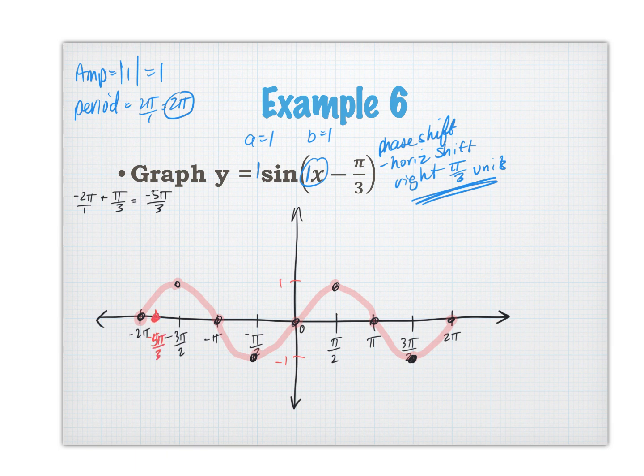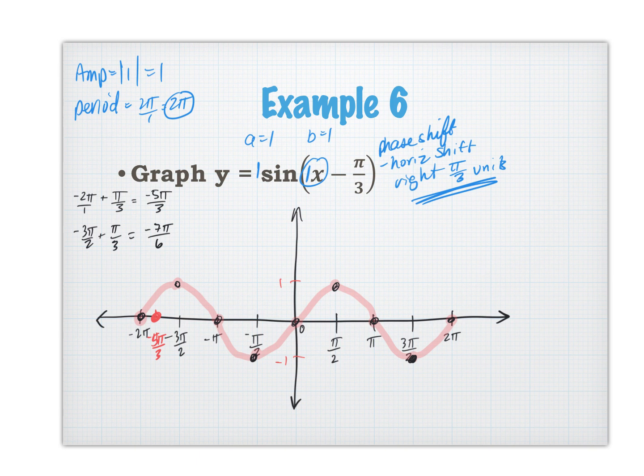So that's where this point is now going to be. And then I know I have my next one. I've got negative 3 pi over 2 plus pi over 3. I do that math, and that's negative 9 pi over 6 plus 2 pi over 6, so that's negative 7 pi over 6.